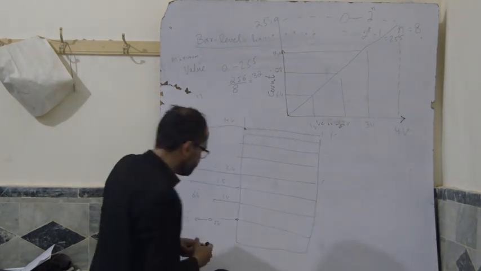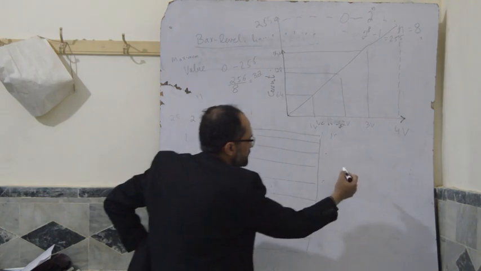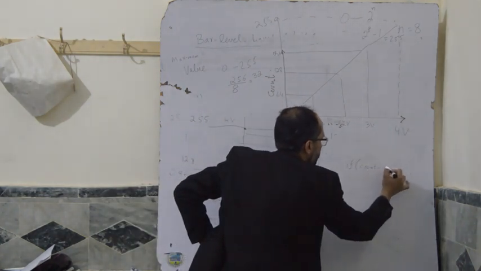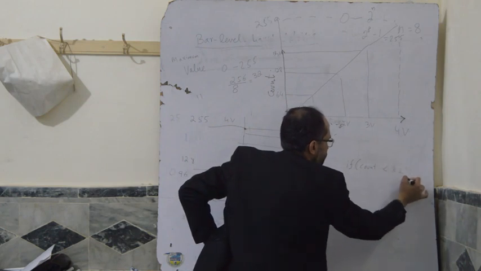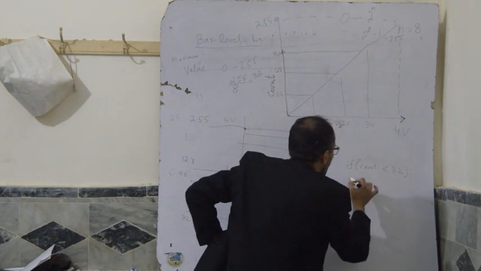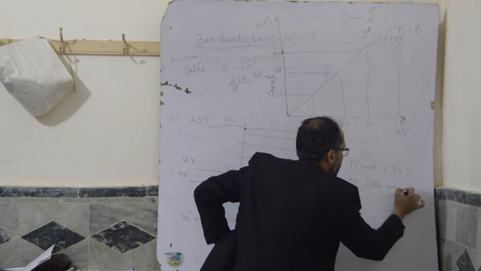So now we can write a program in C or assembly. We can have a simple C program: if count is smaller than 32, all LEDs are off.